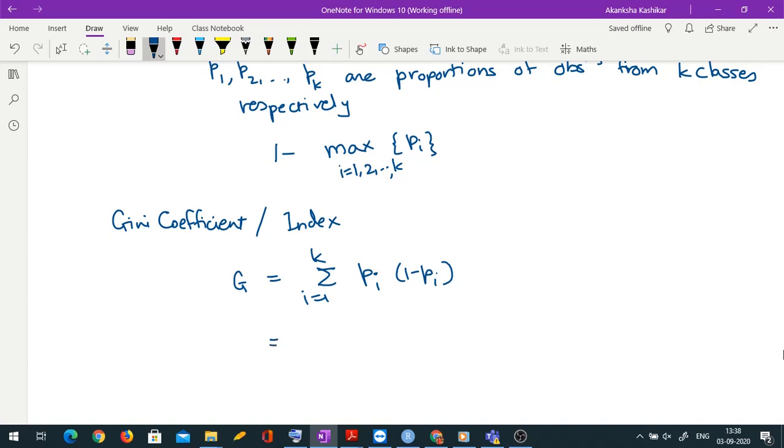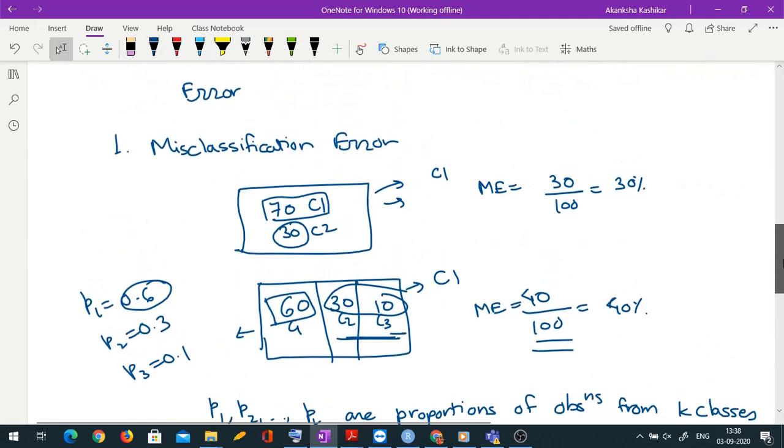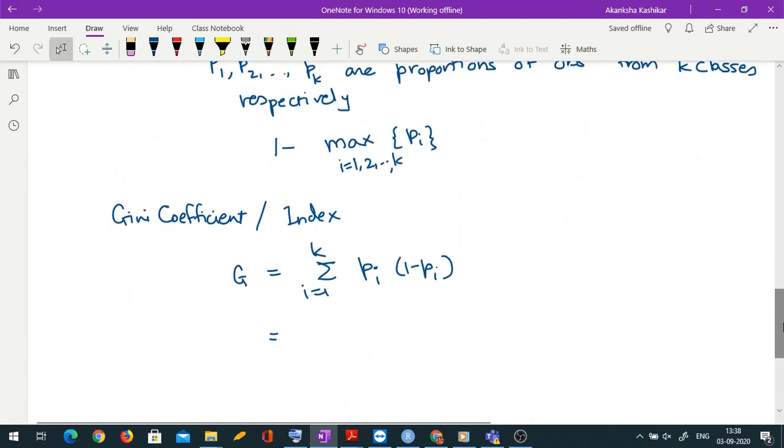So how would it be? I have two examples here, one for binary and one for classification with 3 classes. In the binary setup, this would become 0.3 into 0.7 plus 0.7 into 0.3. So basically 2 times P1 into 1 minus P1, or 2 times P1 P2, anything is fine.